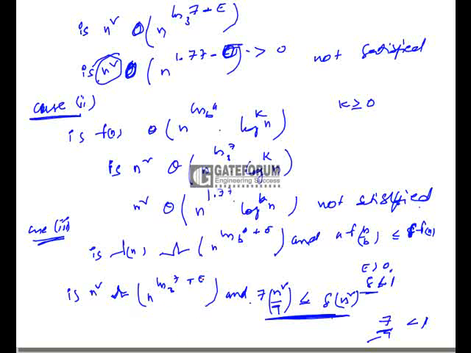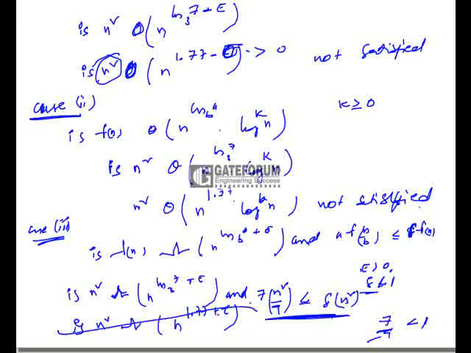And here epsilon should be greater than 0. Is n square omega of n power log 7 to the base 3, which is 1.77, plus epsilon? If we take epsilon as 0.1, this condition is satisfied.